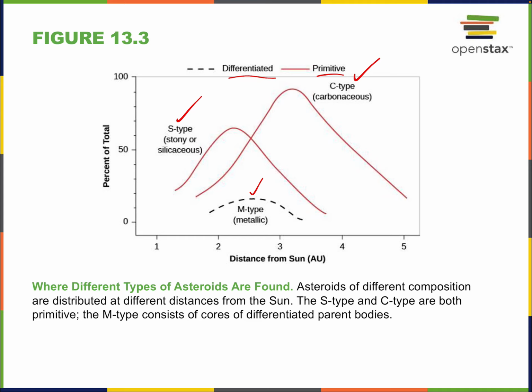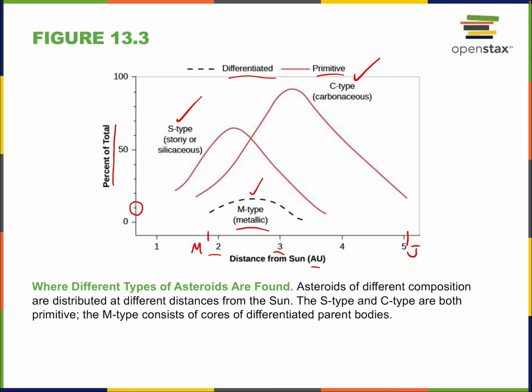Due to that complicated history, metallic asteroids, we can see, are less common. Because if we look at the percent of total, we can see that within a distance of 2 to 3 astronomical units, and remember that the orbit of Mars is at about 1.6 astronomical units, and then we have the orbit of Jupiter at about 5 astronomical units over here, so J and M. Well, within that, we have the metallic type asteroids exist right in the middle of the asteroid belt, but they only form about 10% at best of the total population of asteroids.